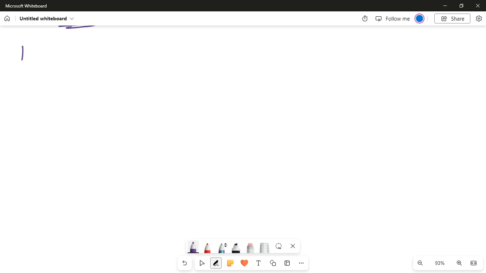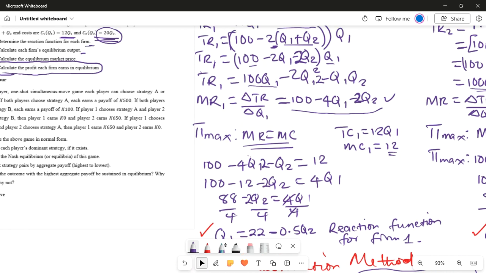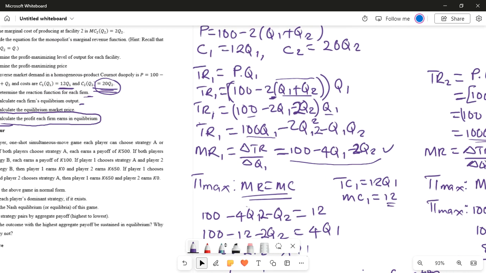So to get the profit for firm 1, we know that this is just the total revenue function for firm 1 minus total cost for firm 1, right? Now, as we are calculating, remember we have an equation which was describing the total revenue for firm 1. We said that it's this one here.